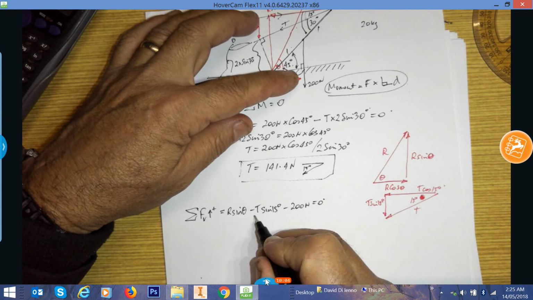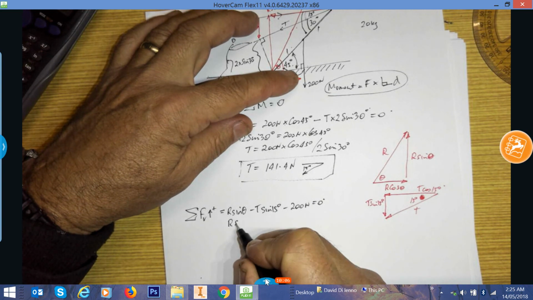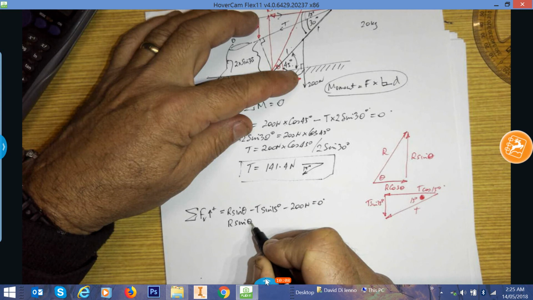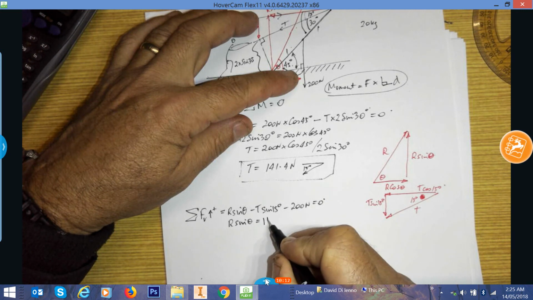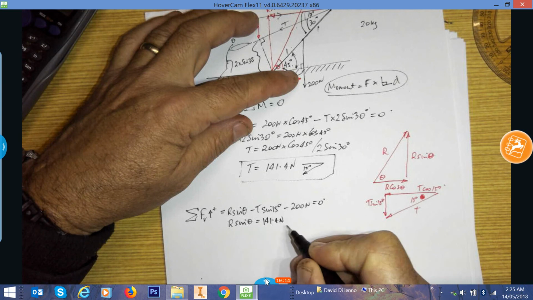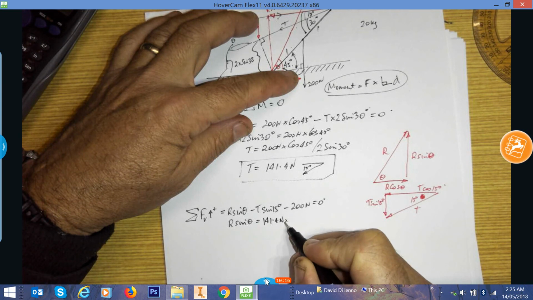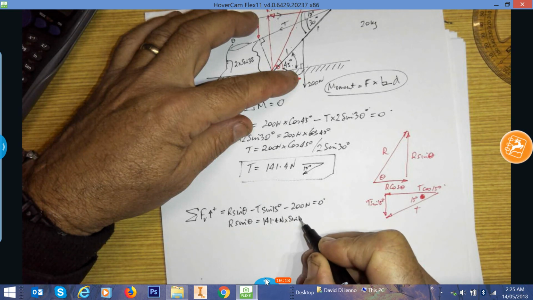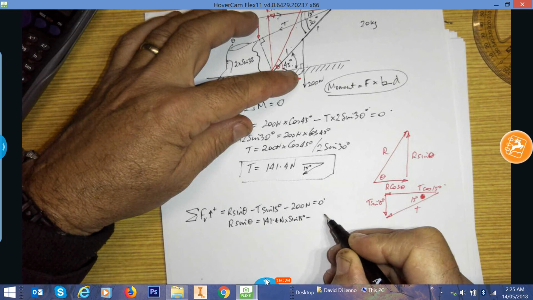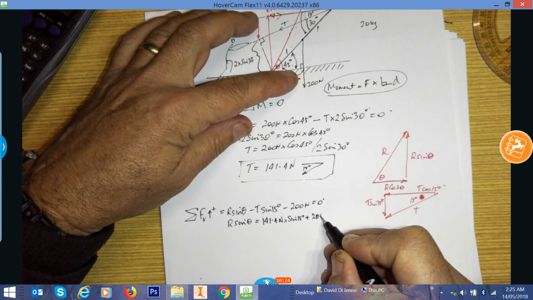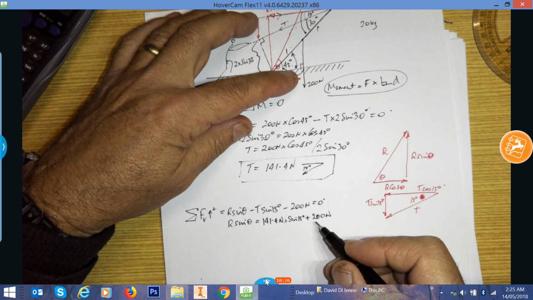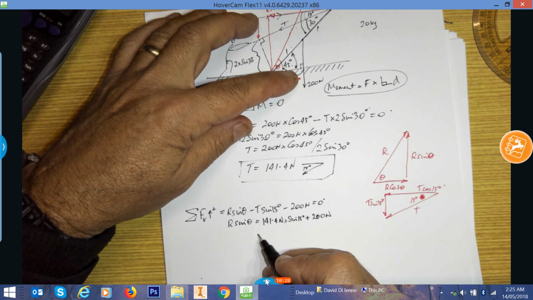So, bringing this across to the other side, R sine theta is going to equal, now we know what T is, it's 141.4 newtons times sine 15 degrees, plus, because we moved it across the other side, 200 newtons. And the answer is going to come out in newtons.